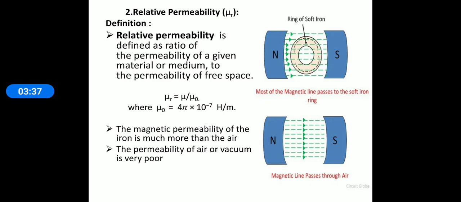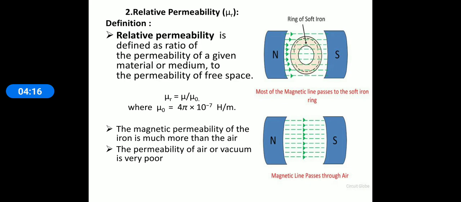That is, mu r is given by mu divided by mu 0. Mu is the permeability of the material and mu 0 is the permeability of free space, given as 4 pi into 10 raised to minus 7 Henry per meter, H/m.